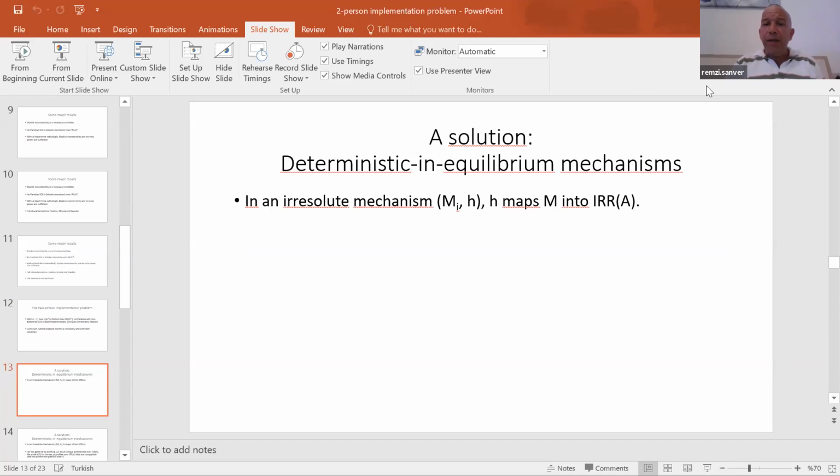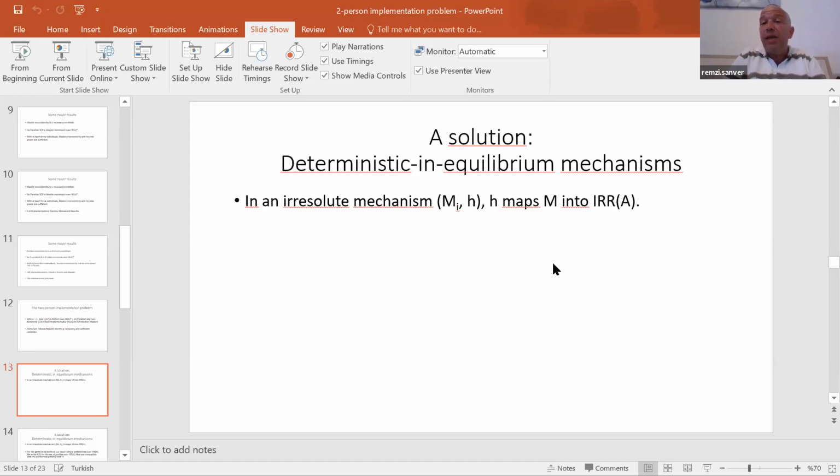An irresolute mechanism is one where the outcome function maps the profile of messages not into a single outcome, but into some irresolute outcome of A. So it can be a subset of A, or it can be a lottery over A. In the paper, we write it as a lottery, but for the purposes of the presentation, I'm writing IRR A. So IRR A is some set of irresolute outcomes of A. So it can be some subset.